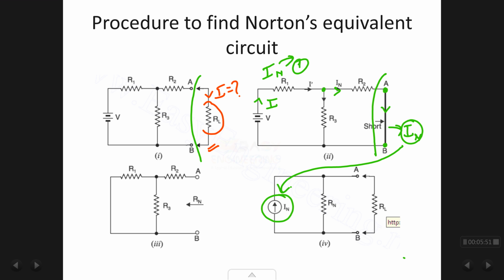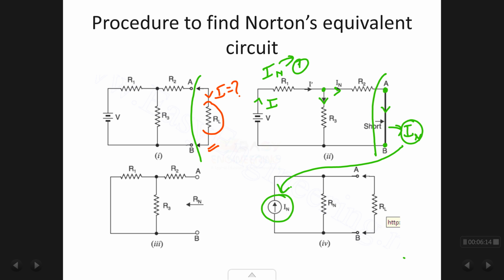At this junction, it divides into two parts. One part flows through R3, the other part flows through R2. The part of current that flows through R2 is called IN, and you have to calculate its value.